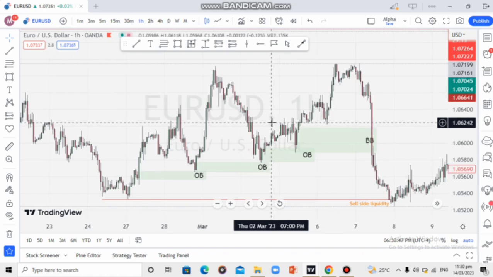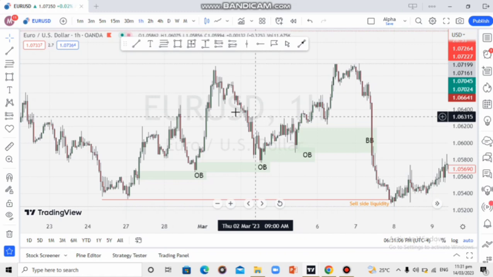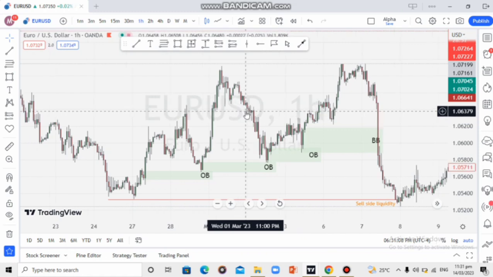So the next question is, how do you know valid resistance and support levels? Actually, I don't really trade support and resistance levels, because they don't tend to work for me like that, so I don't really use them.